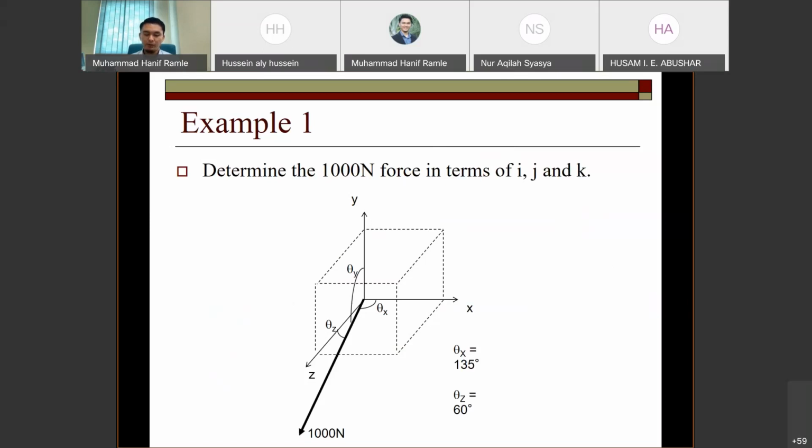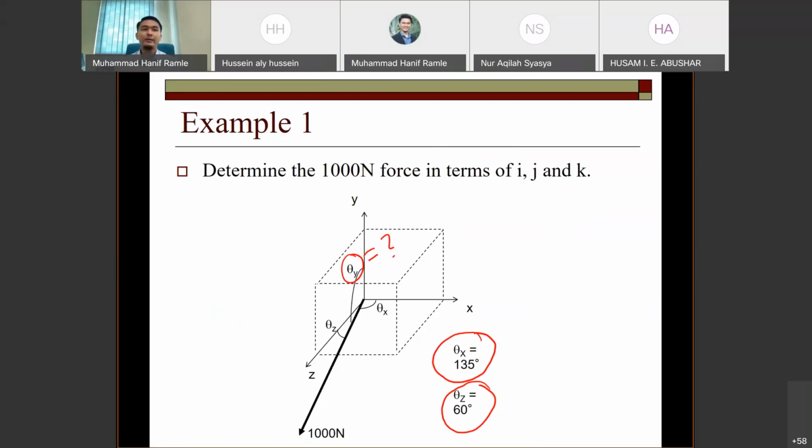The given angles are only two: theta x is 135 degrees and theta z is 60 degrees. Theta y is not given in the question, so before we can get the resultant, you have to find theta y.